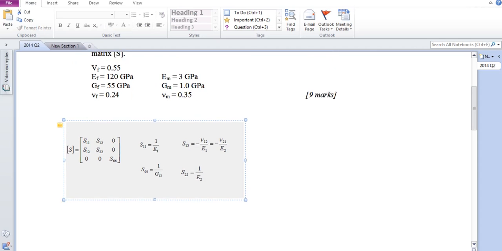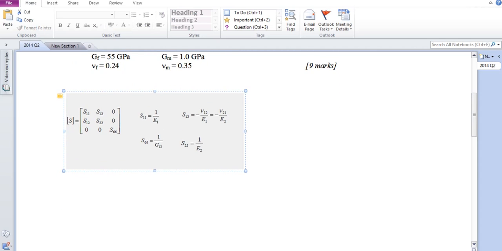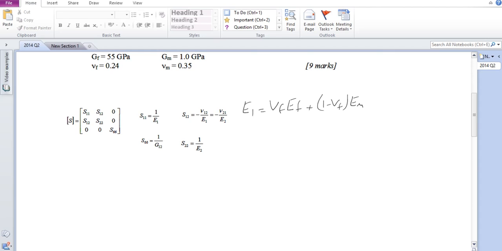So take a deep breath and go into the calculations for all the different parts. The first one to work out is E1, the stiffness along the fibres. E1 is just given by the law of mixtures equation, which is VF EF plus (1 minus VF) times EM. All of these equations are in the formula sheet, but I'm not copying them because I know them, so I can work them out.